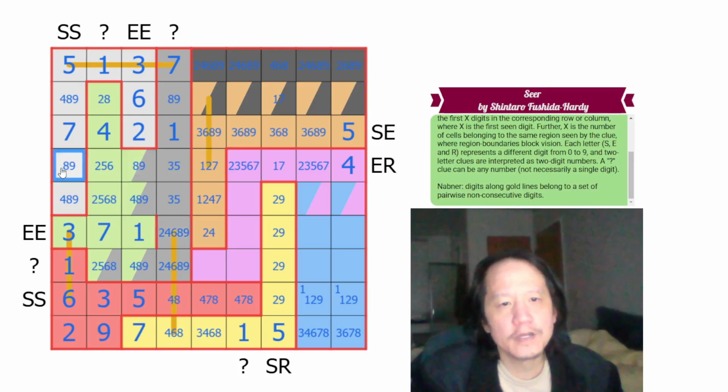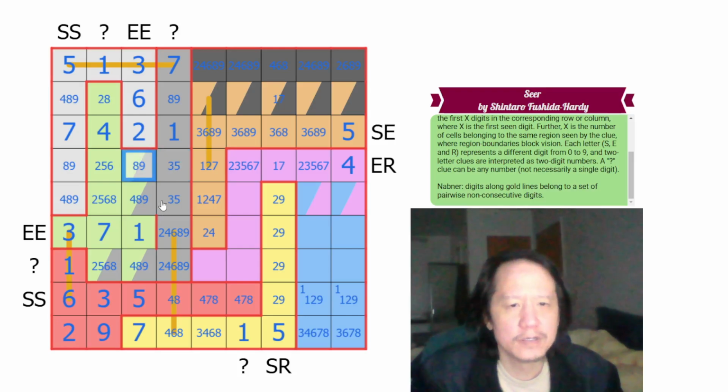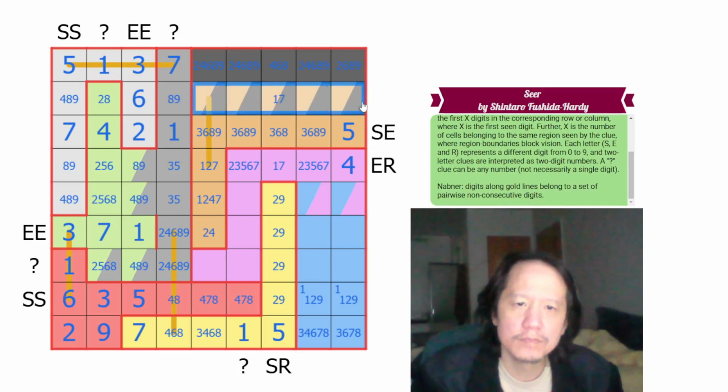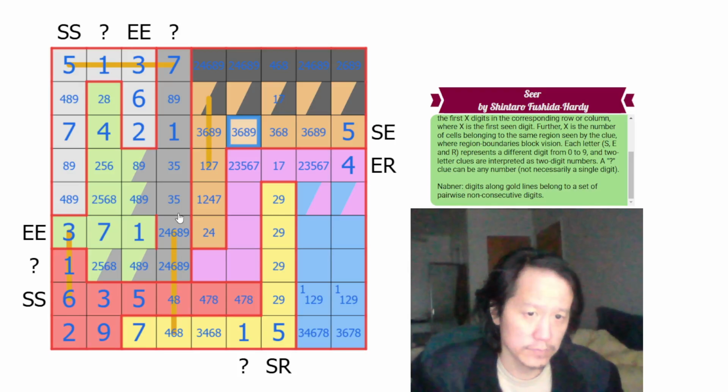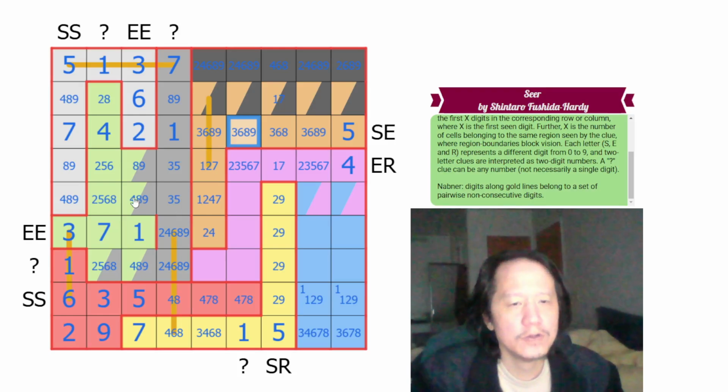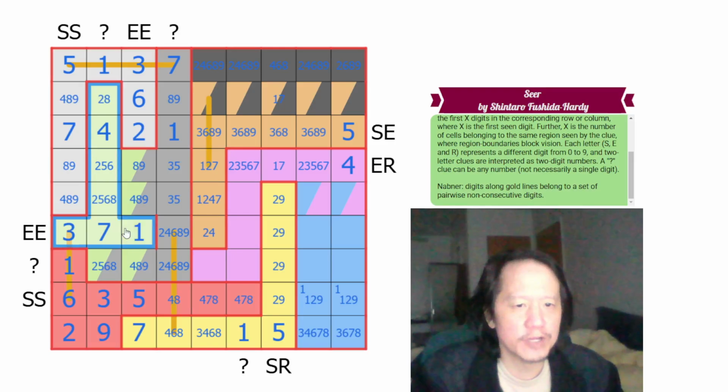We have an 8, 9. Okay, so this could still be green. Well, okay. We have a 4 in this green.